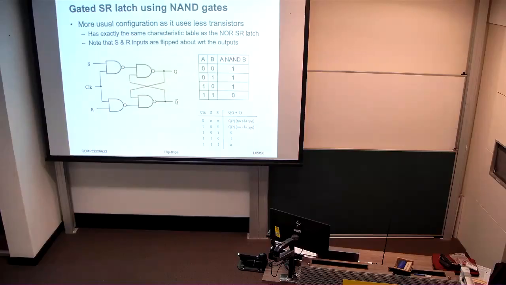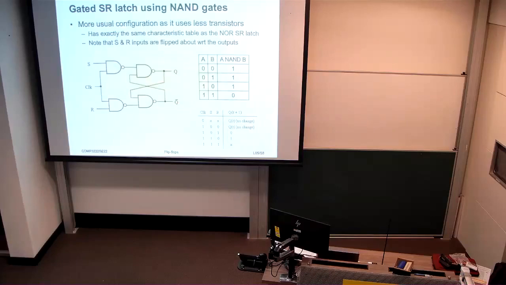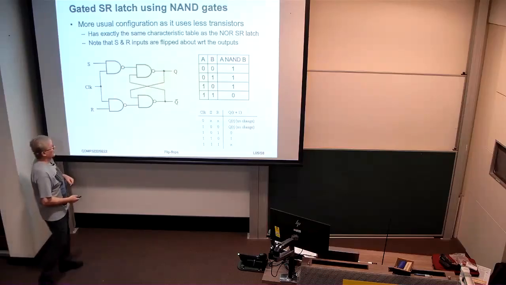So rather than implement the latch this way, more normally the latch is implemented using NAND gates because it uses slightly fewer transistors. The NAND and NOR gates are the same, but the NAND gates here are cheaper than the AND gates that we saw on the previous slide.